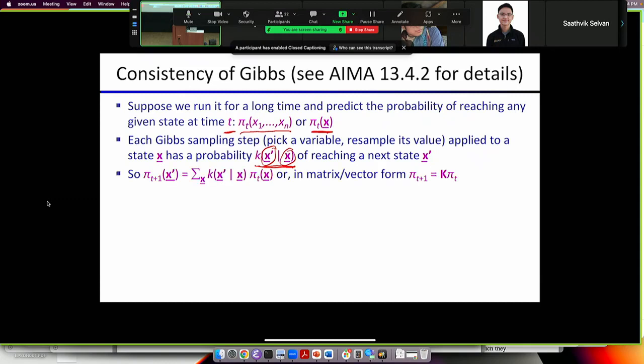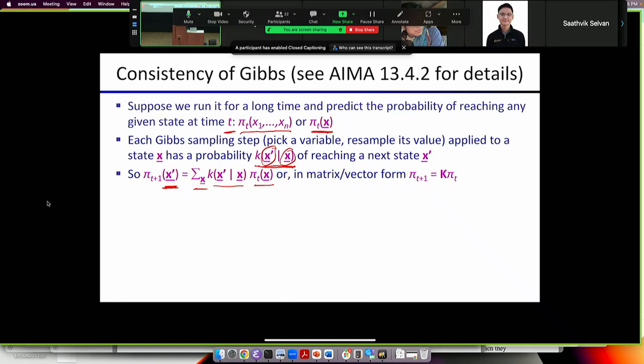Okay. So if I want to calculate what's the distribution at time t plus 1, given the distribution over the states at time t, well, how could you get to x prime? You could start from any x. The probability that you're in x times the probability that you transition from x to x prime. So you're saying, how do I get to x prime?